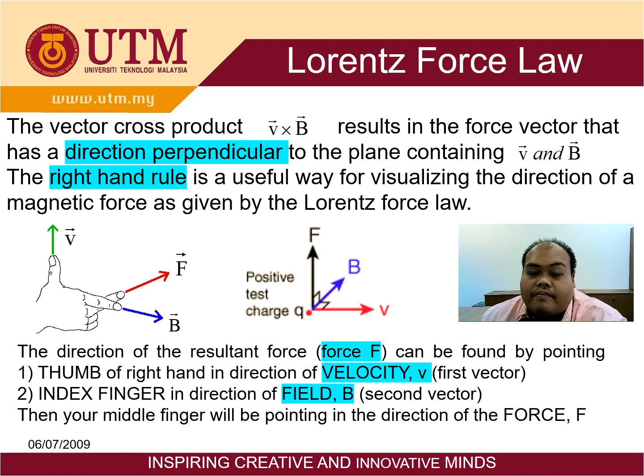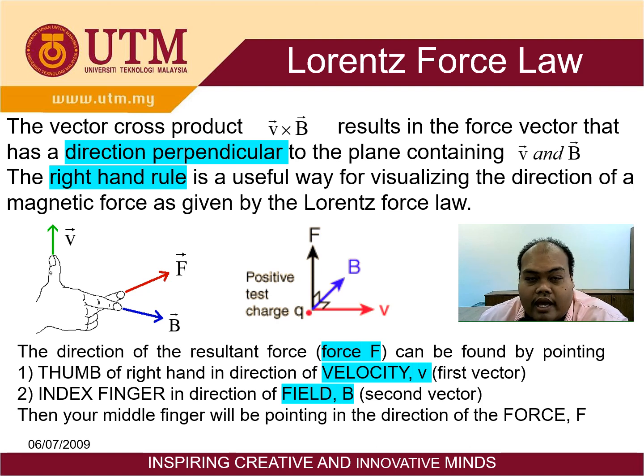If you refer back to your previous knowledge on vectors, the cross product needs to be perpendicular. If V and B are in the same direction, F doesn't exist. The velocity and B need to be perpendicular to produce a full force.